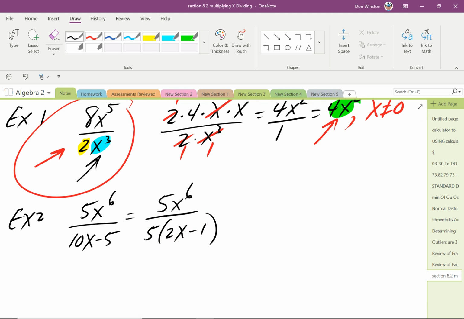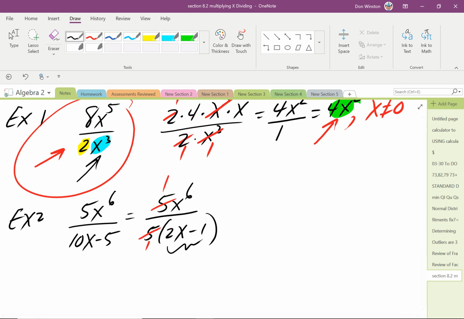All right. Now, let's take a look. So 5 is a factor, and x to the 6 is a factor in my numerator, and then 5 is a factor in the denominator, and 2x minus 1 is a factor in my denominator. So what can I cancel out? I can cancel out the 5's. Then there's nothing else to cancel out. Remember, again, 2x minus 1 is a factor.